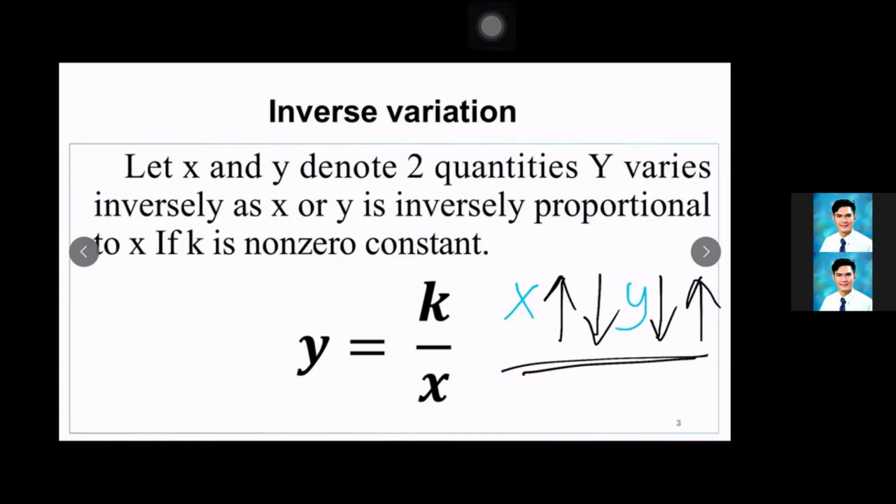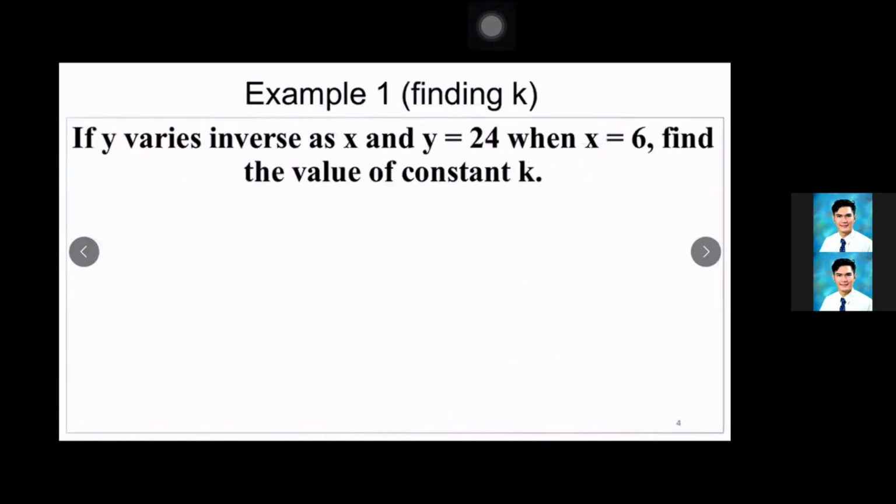So now, let us move forward in identifying the k. In identifying k in inverse variation, always remember, let us read the word problem and identify if it is inverse variation. It says here: if y varies inversely as x, and y is equivalent to 24 and x is equivalent to 6, find the value of the constant k.